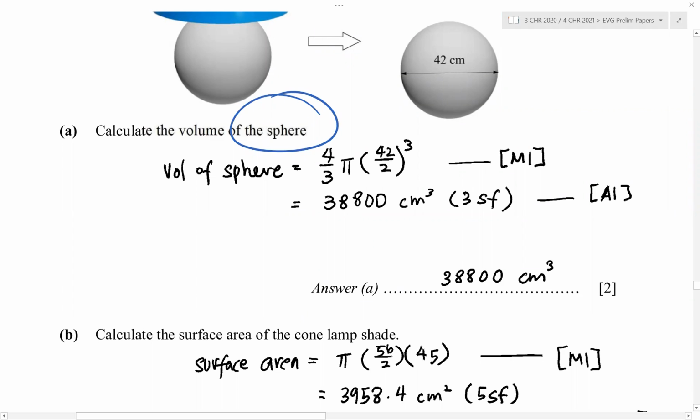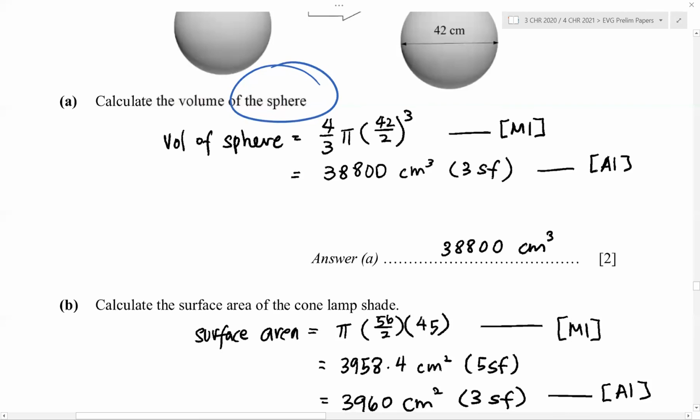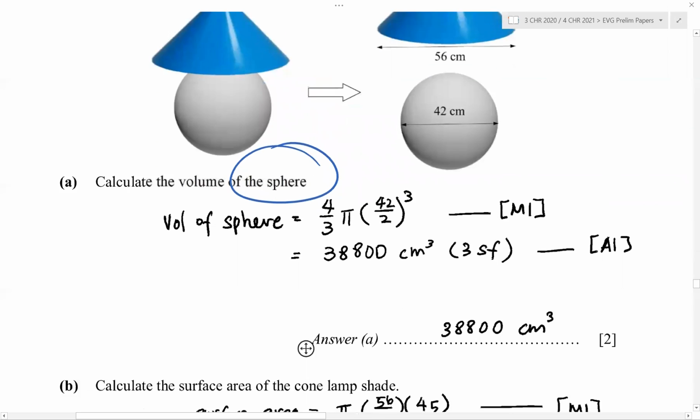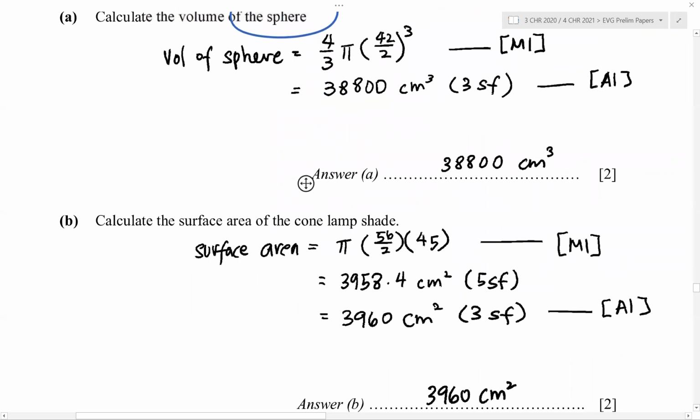And then surface area of the cone, also in the formula, pi RL. Both of these are just direct application of the formula. There is nothing for you to think about.